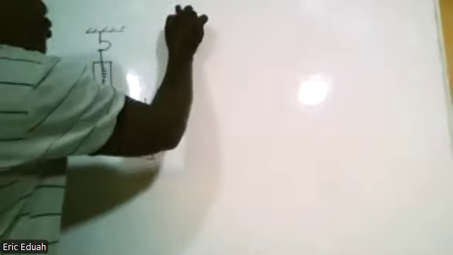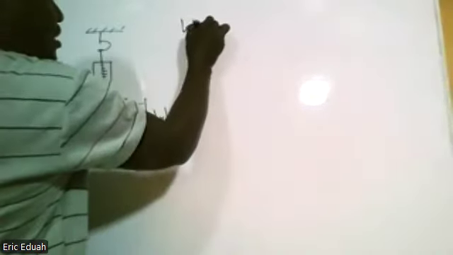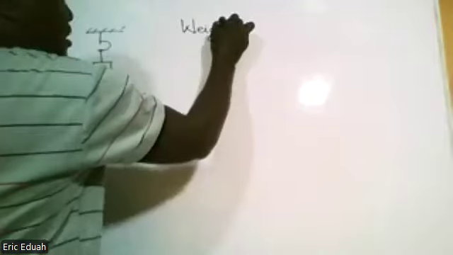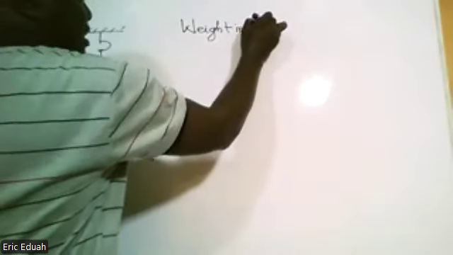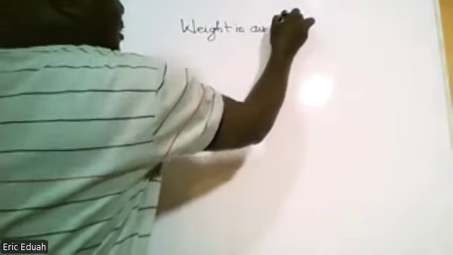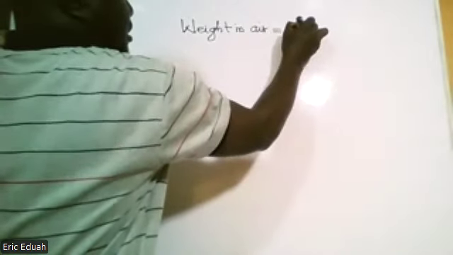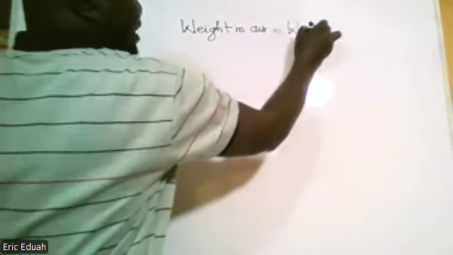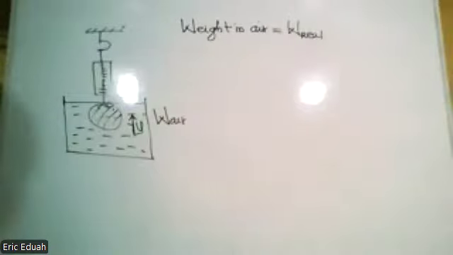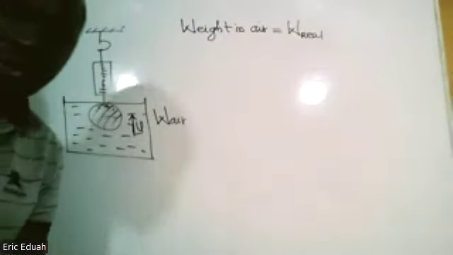So we have weight in air, which is W real, the real weight. The object weight in air is its real weight.